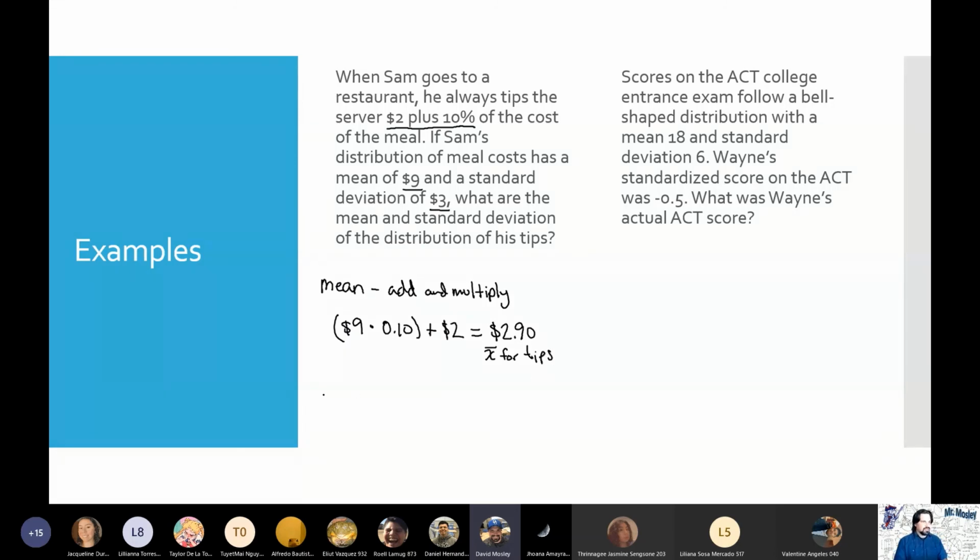The standard deviation does not change when we add a value to it. Right? Adding a constant does not change the standard deviation. So with the standard deviation, I only need to worry about multiplying to find the new standard deviation. So that means I take the $3, multiply by the 10%, 0.10.